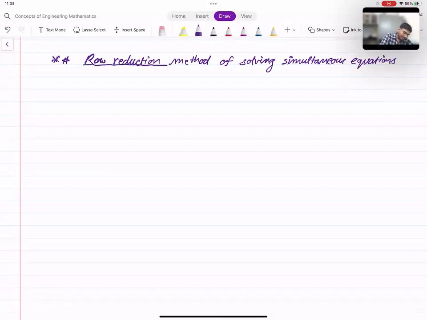So the check for consistency remains the same. We will only now modify the way of solving.